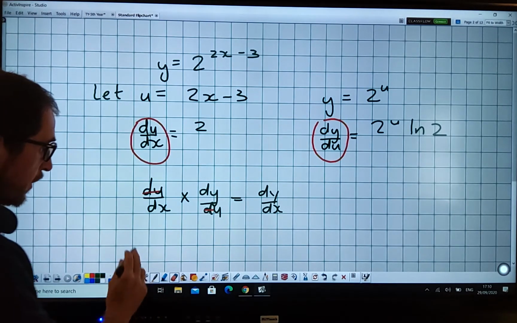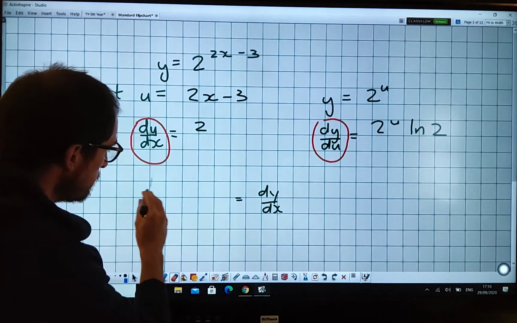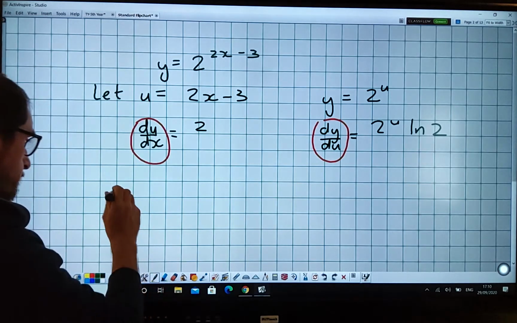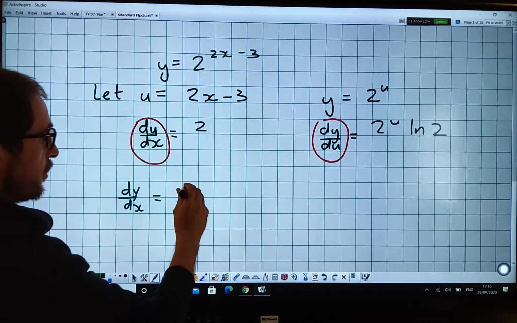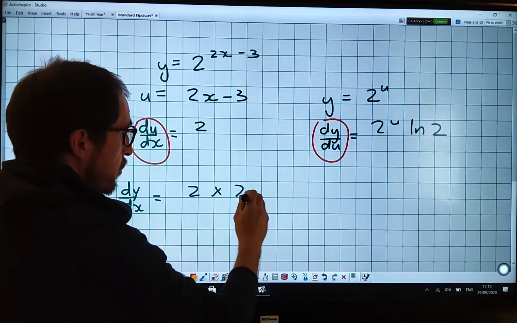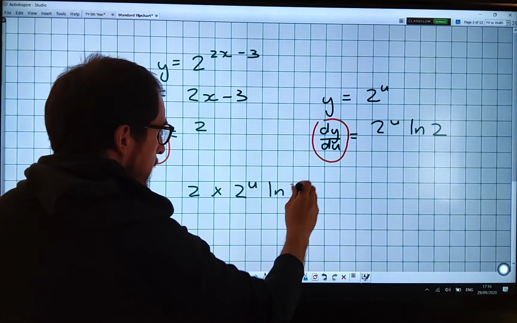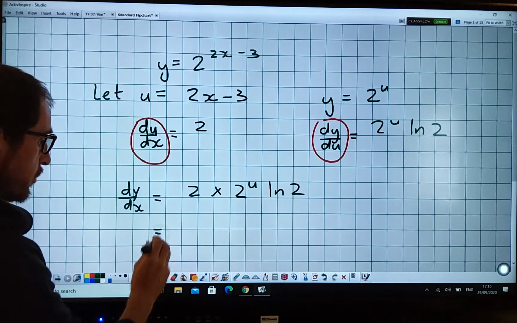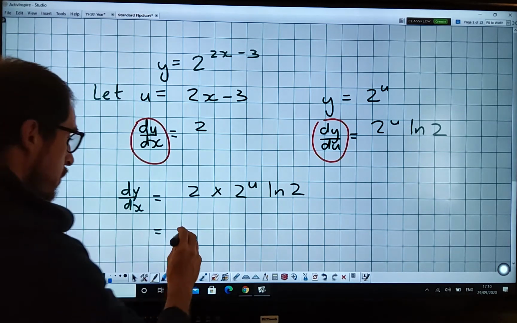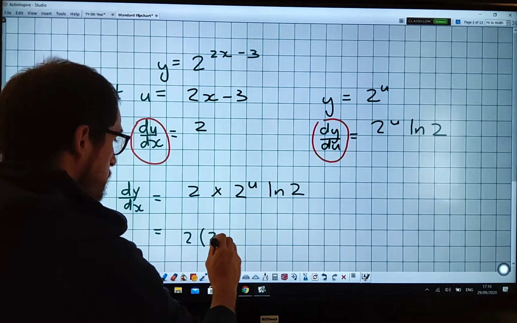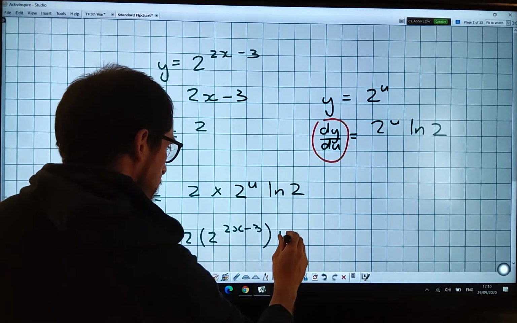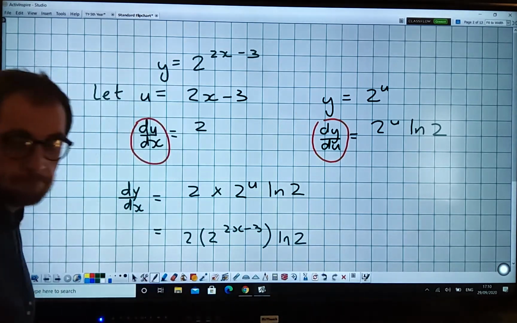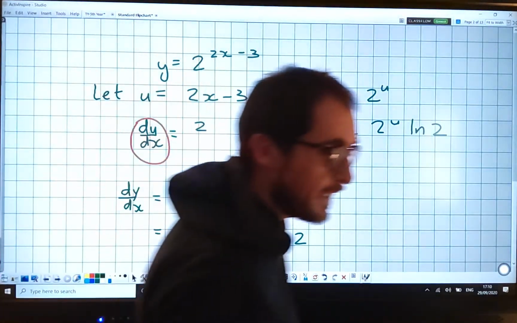So from that I can say dy/dx is equal to 2 times 2 to the power of u ln 2. And now what you do is you sub back in your u. So it's going to be 2 times 2 to the power of 2x minus 3 ln 2.